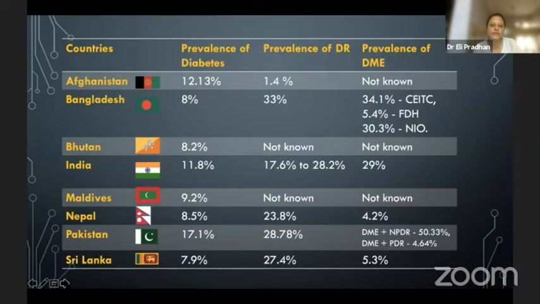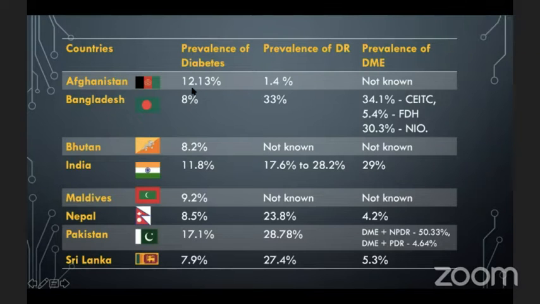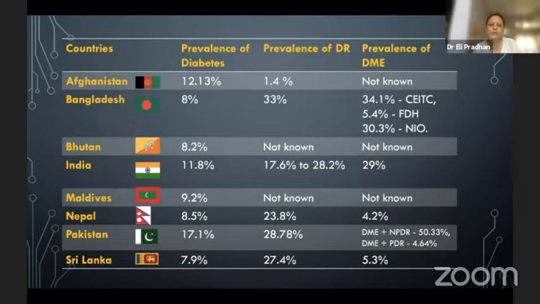So if we start, there are 8 SAARC countries. Afghanistan: diabetes 12.13%, diabetic retinopathy 1.4%, and prevalence of DME is not known. Bangladesh: 8% diabetes, 33% diabetic retinopathy, from a large population-based study where Dr. Deepak Nag, one of the panelists, is co-author.